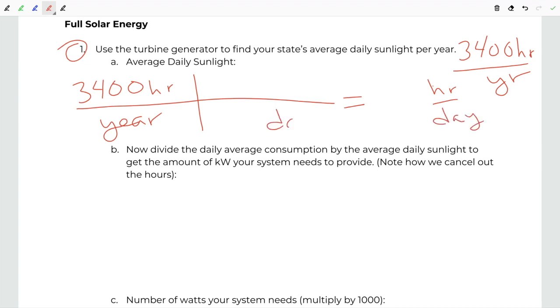So we want day on the bottom, and we want to cancel out year on the top. And we know there are 365 days in 1 year. And so this gives us, with our rounding significant figures, 9.3 hours per day on average.